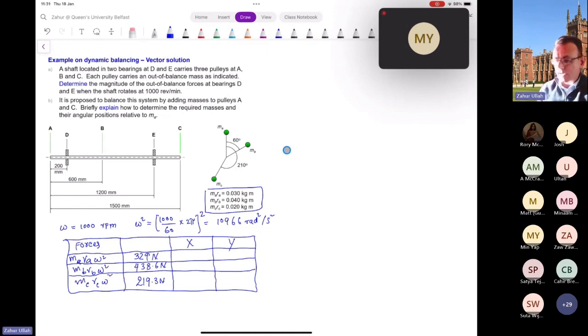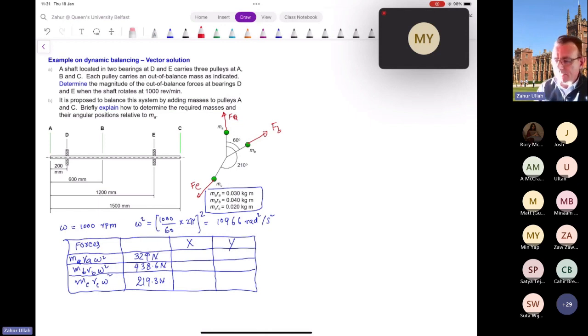Because you can see that the first force is here, the second force is here, and the third force is here, you can calculate the X and Y components of these forces. If you draw these forces here, this will be F1, or you can say FA, this will be FB, and this will be FC here.